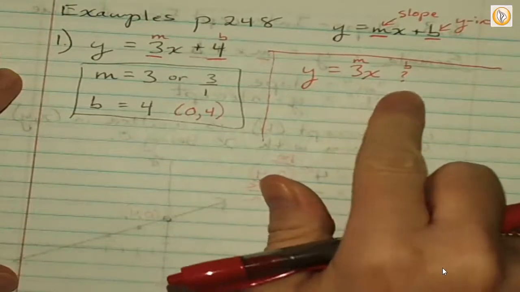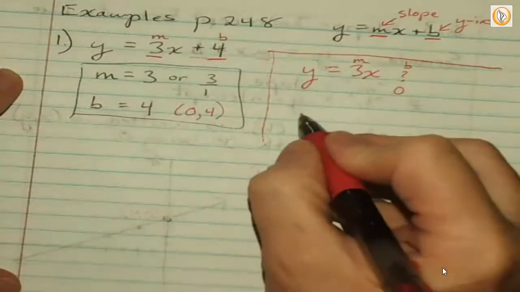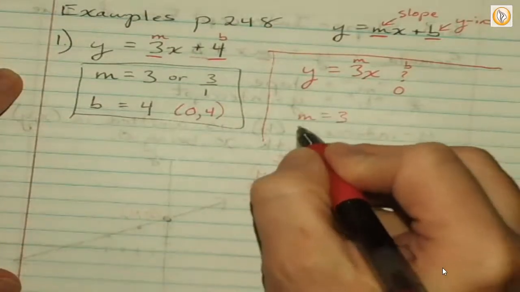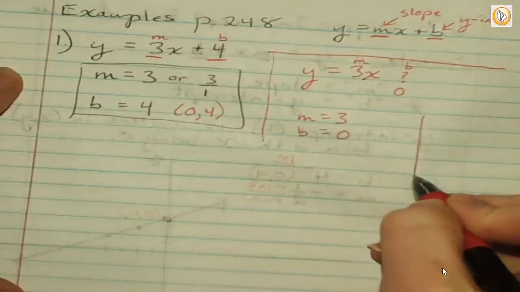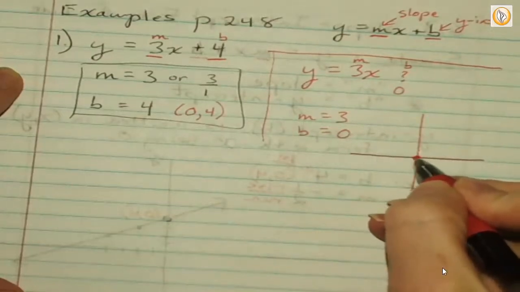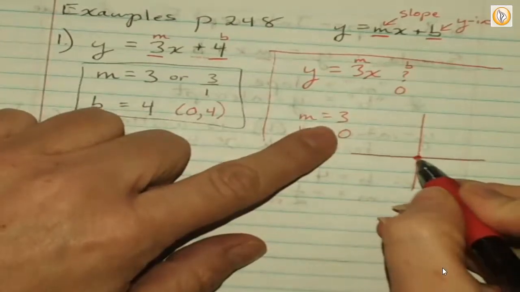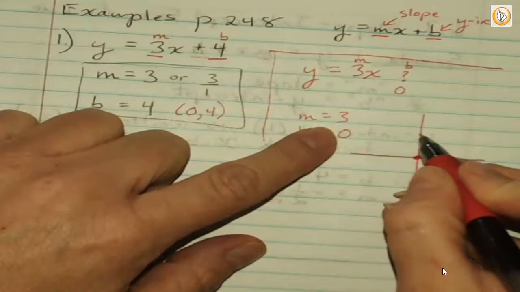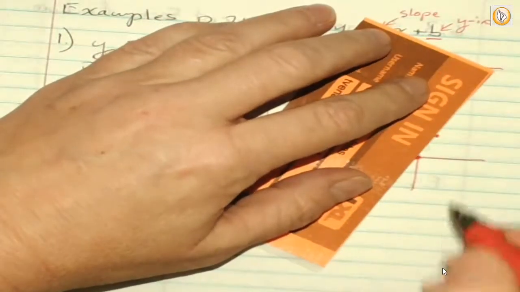If there's nothing there, what would be there? Well, it says 0. So then your slope would be 3, and your y-intercept is 0. So your graph would be right here. Your y-intercept would start there, and then your slope is 3 over 1. 1, 2, 3, and then 1. So it would be going diagonal. That's a very good question.